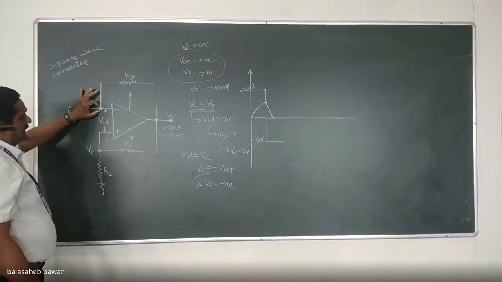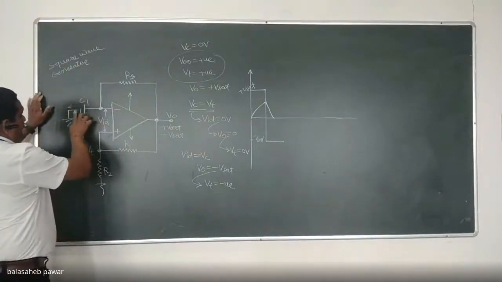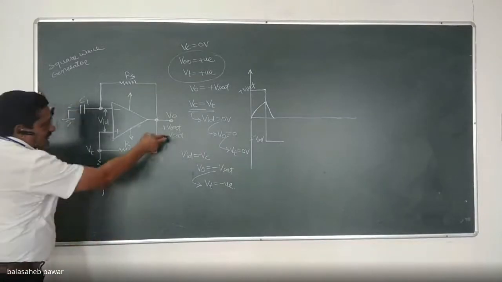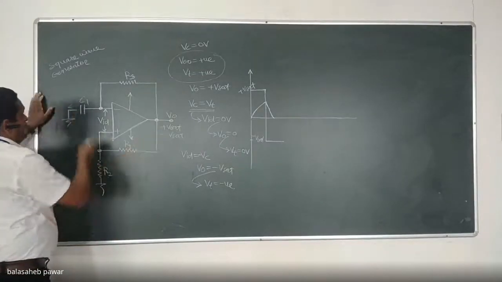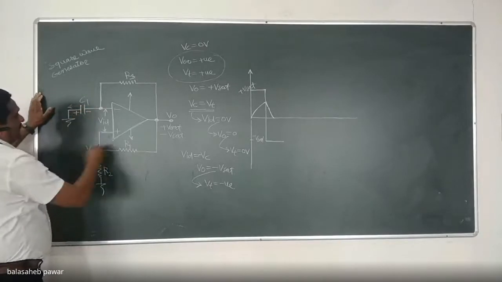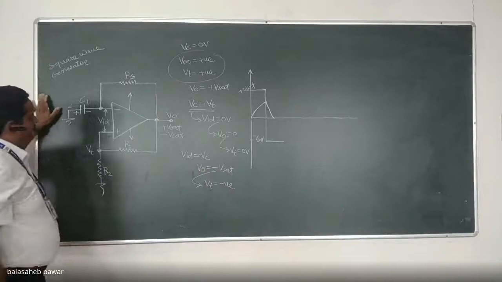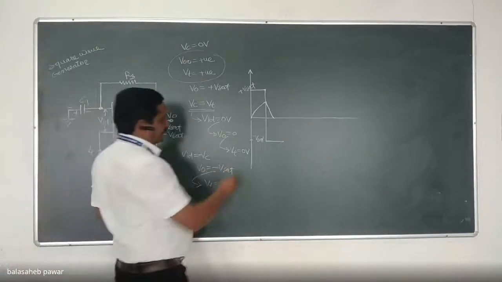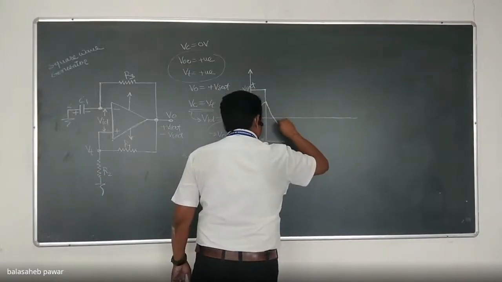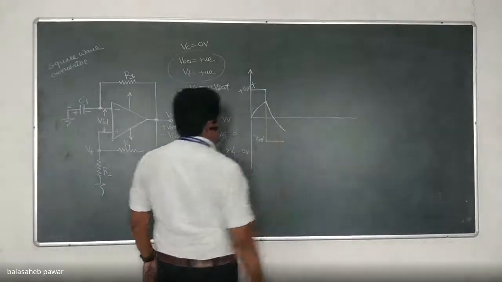Right? Later on, once the capacitor is completely discharged through resistor R3 and the output is minus VSAT, the capacitor will start to charge with opposite polarity like this, because the output is minus VSAT. Or the voltage across that capacitor will be more negative like this.